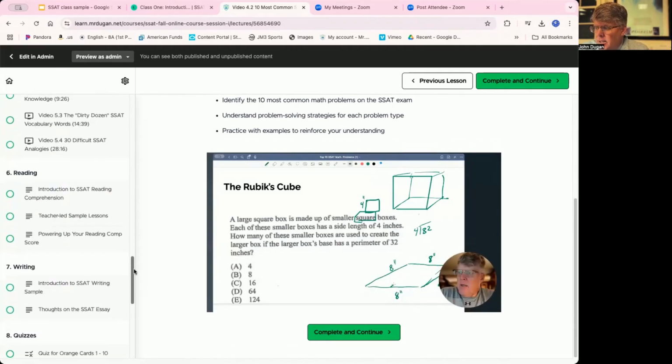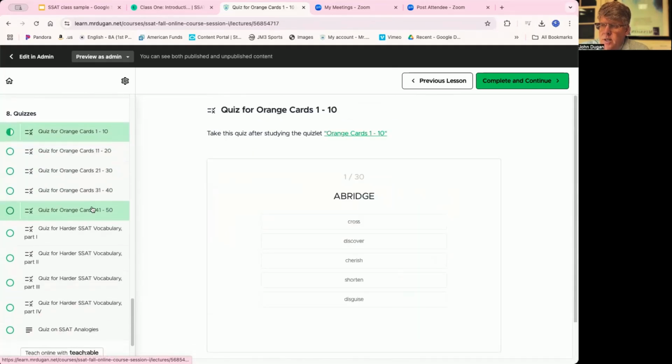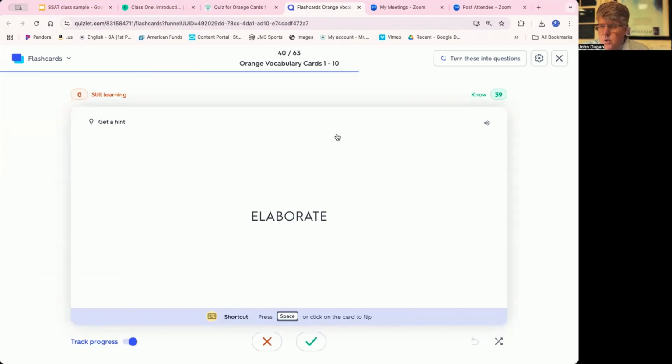And then the last section is the quizzes, which is important. In the quizzes section, you would go here and study this Quizlet first, then take this quiz after you study this Quizlet. So you study the orange cards 1 through 10. That'll bring you outside of my website to Quizlet.